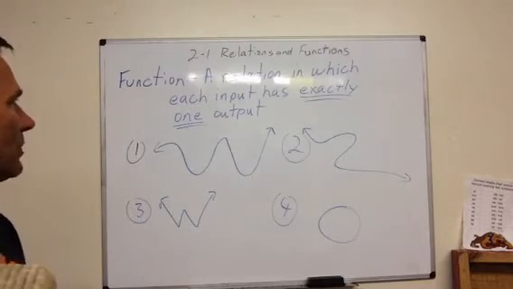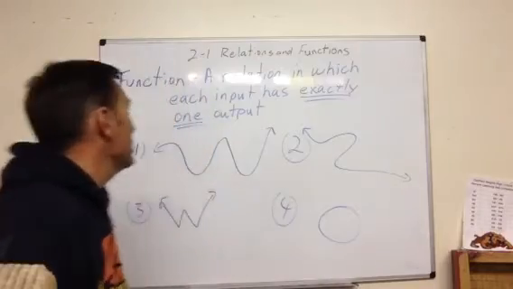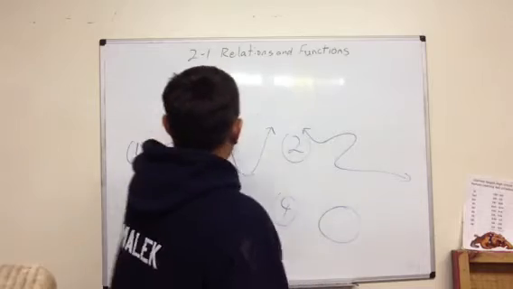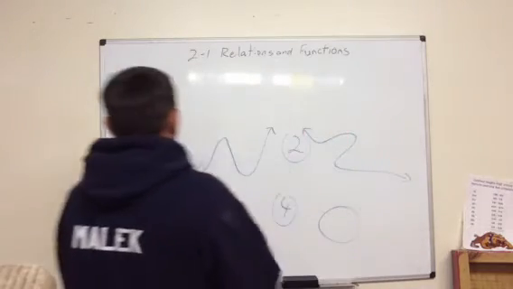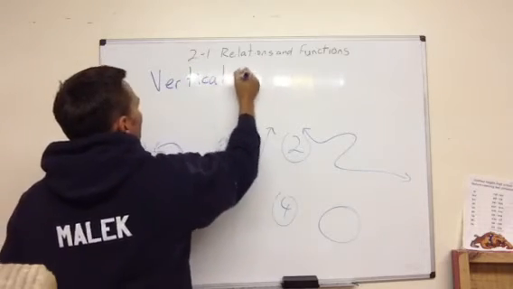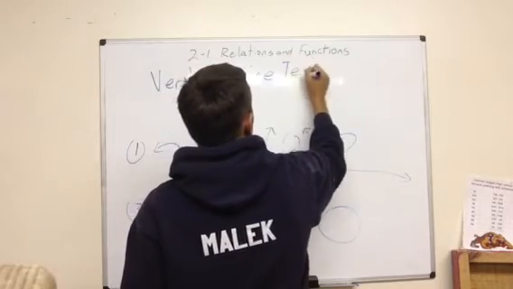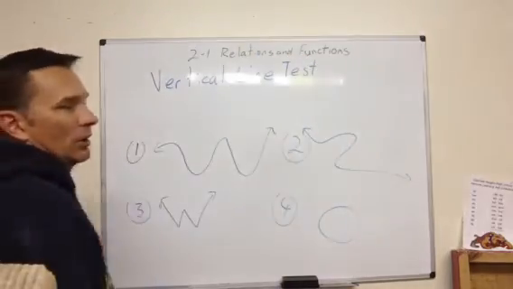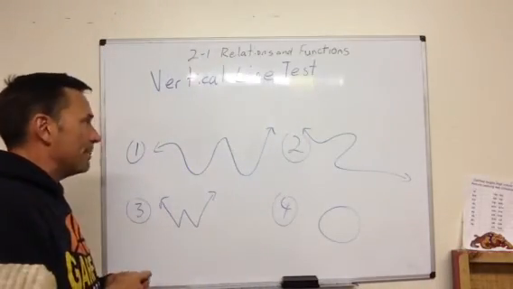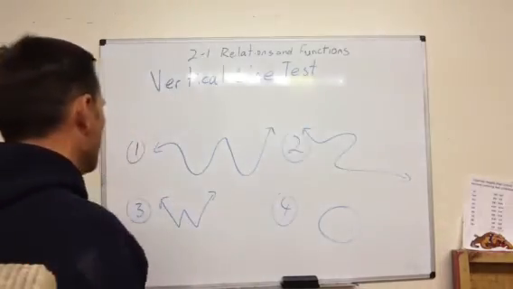Now, how do we know if these are functions or not? Remember, a function is a relation in which each input has exactly one output. Looking at graphs, we want to use what we call the vertical line test. Remember, a vertical line goes straight up and down. Vertical, kind of like your vertical jump, you're going straight up and down. Now, it passes the vertical line test if it hits the graph only one time.